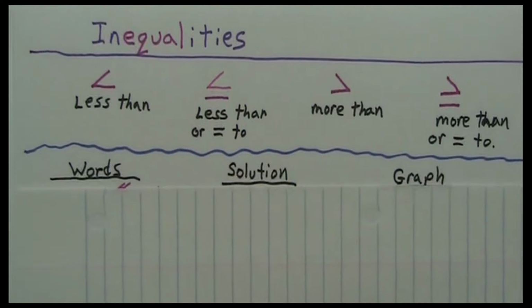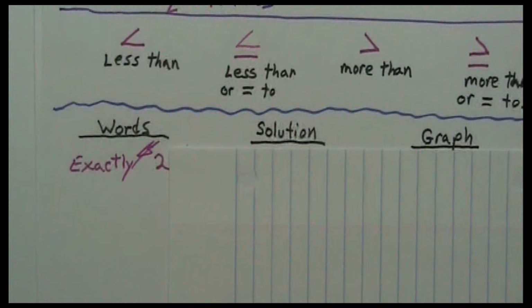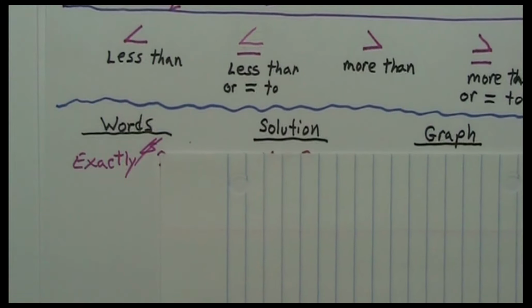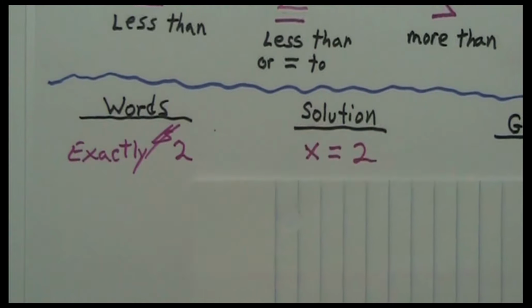So like the first one will be the words exactly $2. Exactly $2, you would write it as X equals 2.